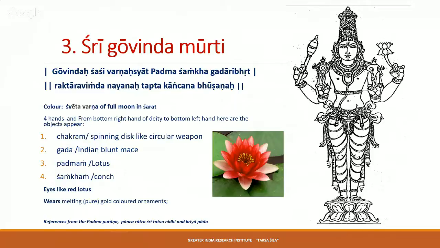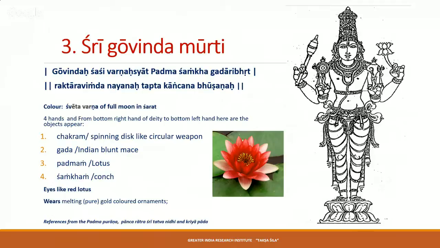It is not a yellowish moon, but pure white, milky white, with a lot of radiance and shining. Pure white, Svetavarna, the full moon. That is the color, so vibrant, the pure full moon color.